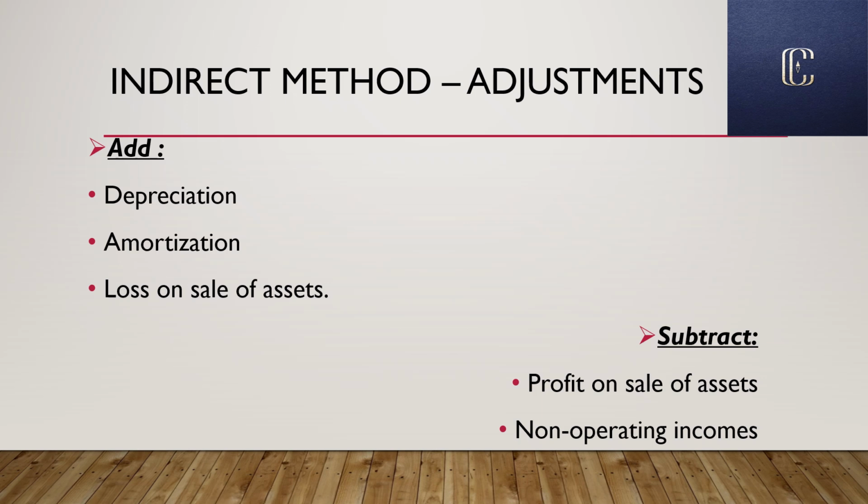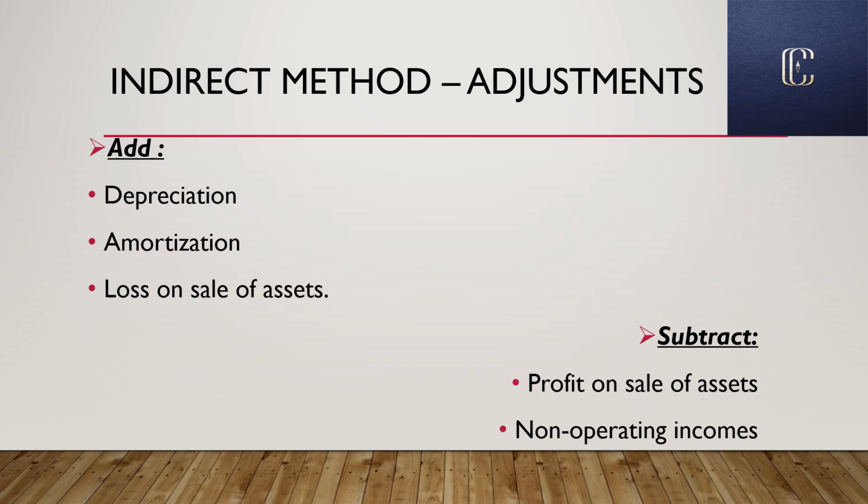Adjustment summary table. The adjustment type is depreciation, the treatment is add back, the reason is no cash outflow. Amortization is once again the same thing: add back, and the reason is no cash outflow. It is just like depreciation.